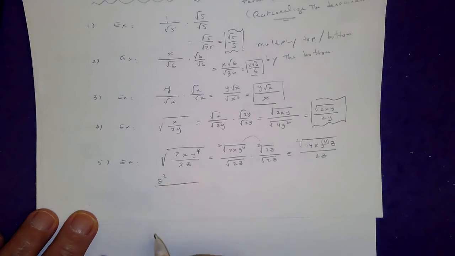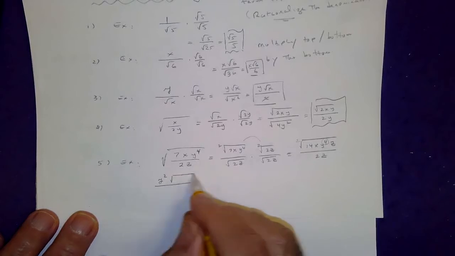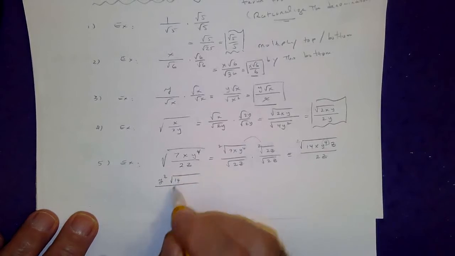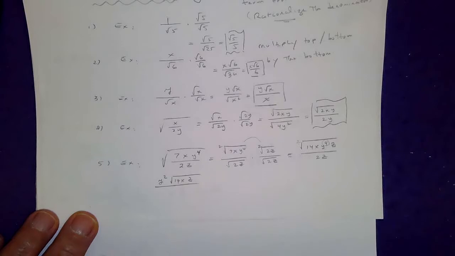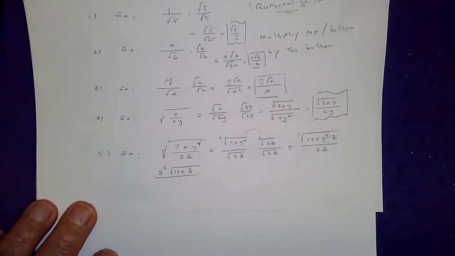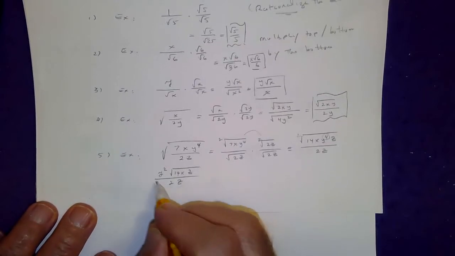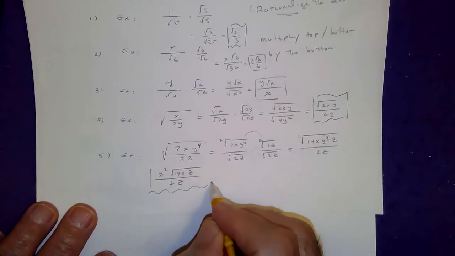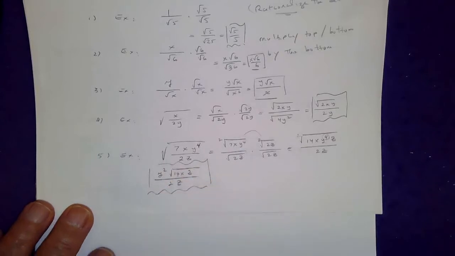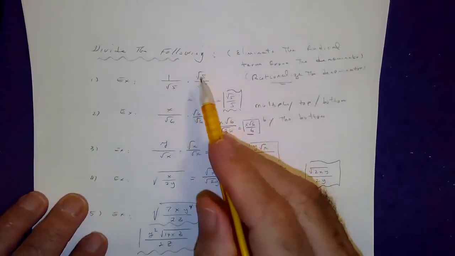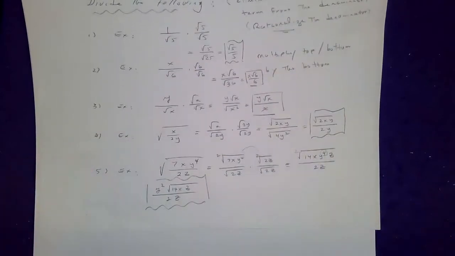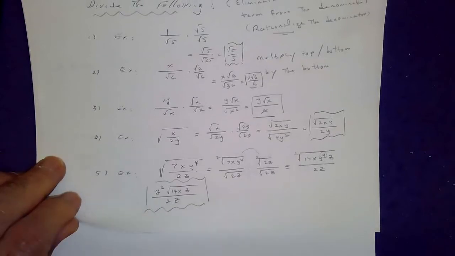Guess what? y squared pops out of the radical on top, and 14, x, and z stay under the radical, and the 2z at the bottom. So this would be the final answer. Because sometimes dividing is not enough. You also have to simplify the final answer by what we learned, how to simplify radicals.